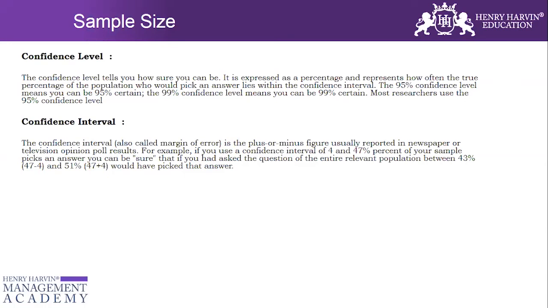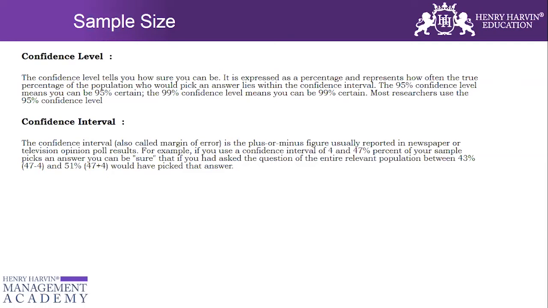The second thing I want to understand is the confidence interval. The confidence interval is also called the margin of error. It is the plus or minus figure usually reported in newspaper or television opinion poll results. For example, if we use a confidence interval of 4 and 47% of your sample picks an answer, you can be sure that if you had asked the question of the entire relevant population, between 43%, which is -4, and 51%, which is +4, would have picked that answer.